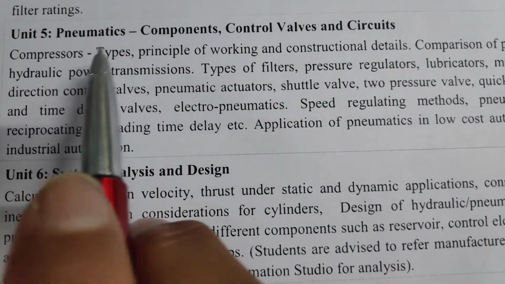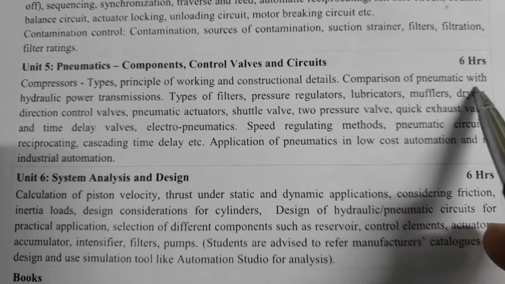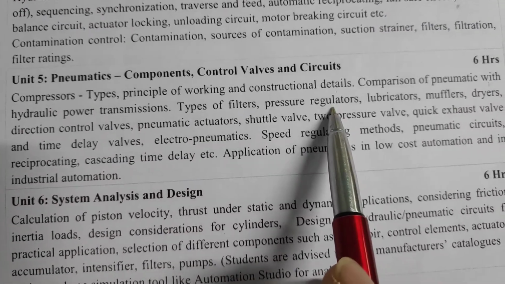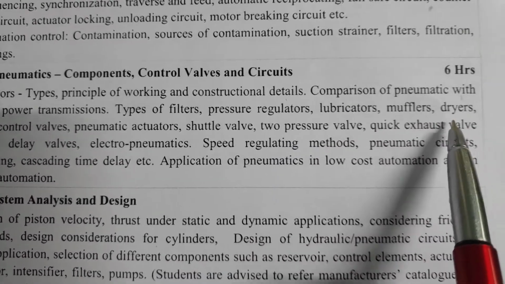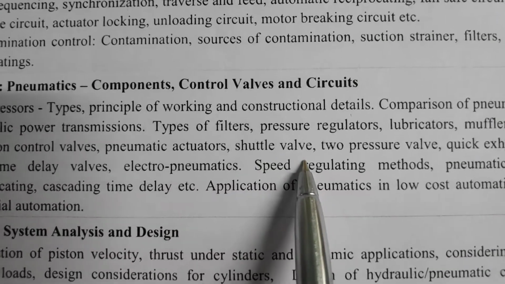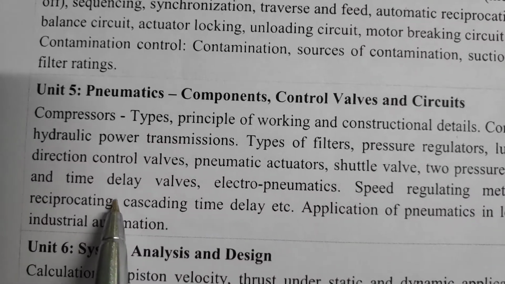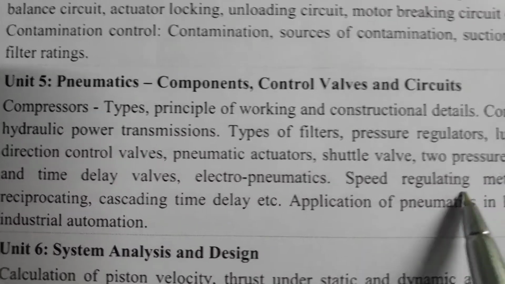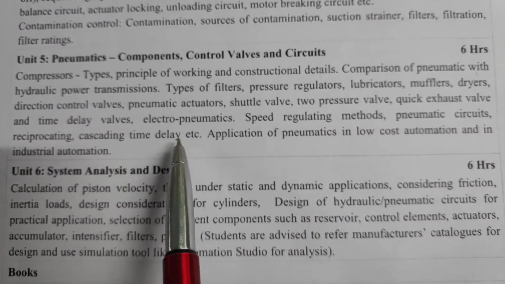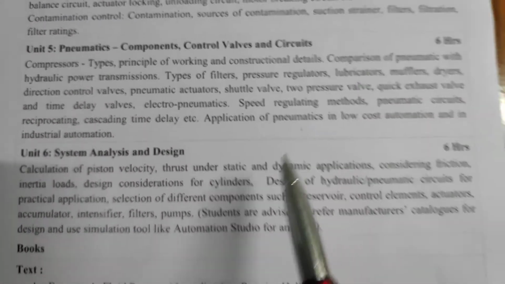Here, compressor, their types, principle of working and constructional details, comparison of pneumatic with hydraulic power transmission system, types of filter, pressure regulator, lubricator, muffler, dryer, direction control valves, pneumatic actuator, shuttle valves, two pressure valves, quick exhaust valves, time delay valves, electro-pneumatics, speed regulating methods, pneumatic circuits, reciprocating, cascading, time delay, application of pneumatics in low cost automation and industrial automations.